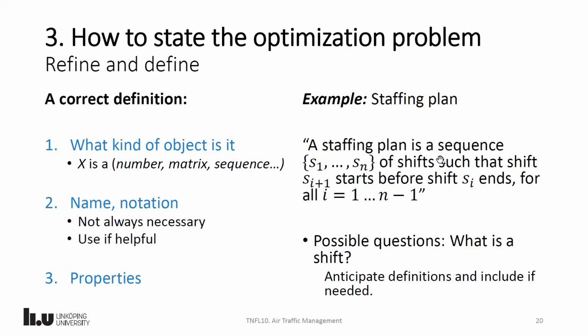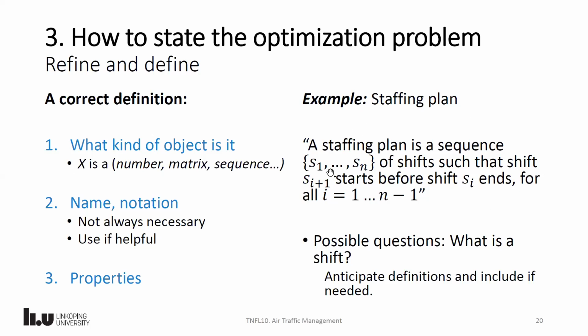So the "such that" part would be the properties. The sequence part would be the object, and the notation would be the mathematical names that you're giving to these values. And yeah, this is the definition of a staffing plan.